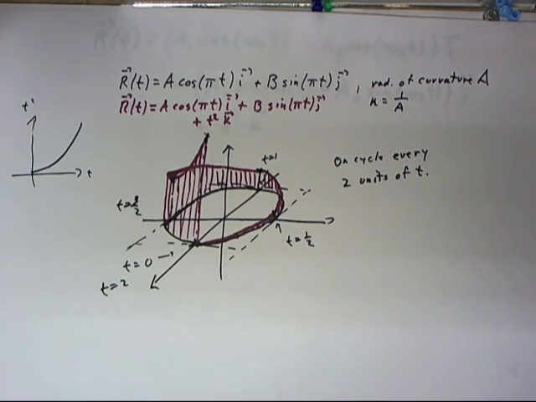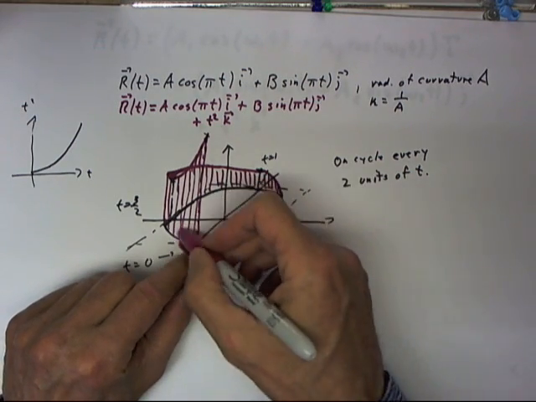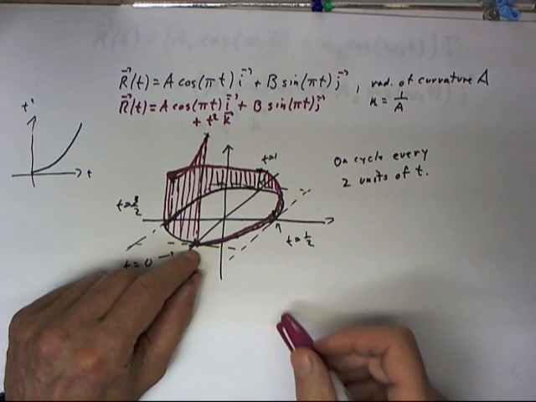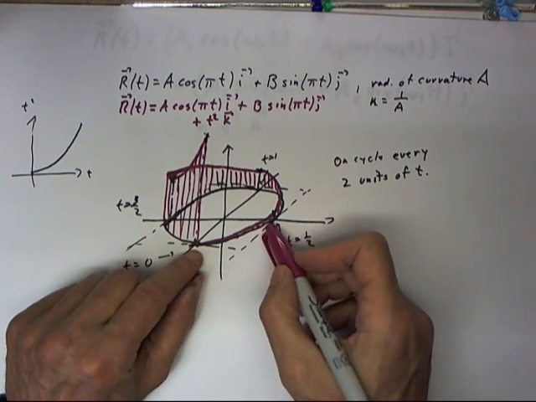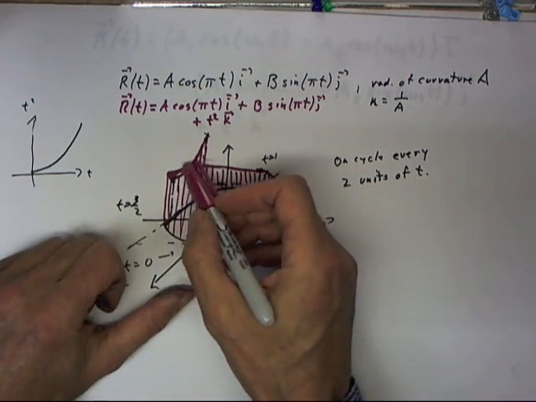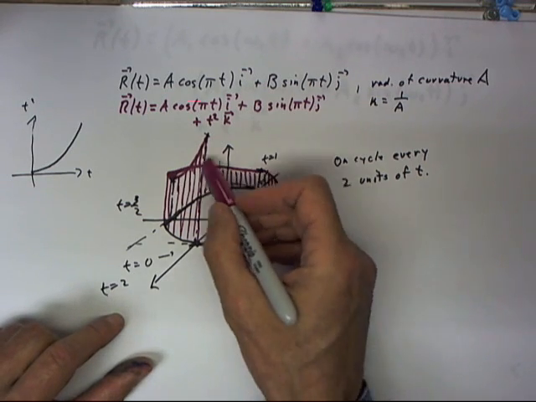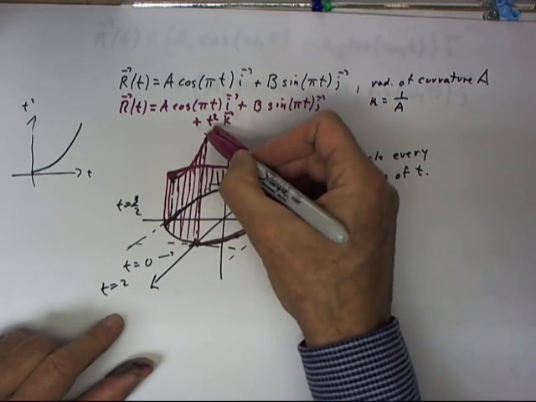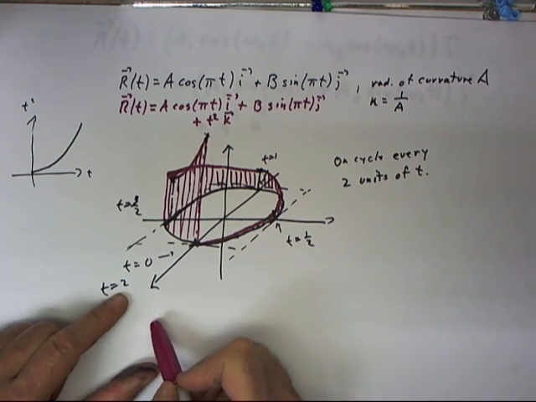Consistent with our analysis, the curve stays close to the circle in the xy plane at first, so the curvature is going to be very close to the curvature of that circle, 1 over a. As we allow t to increase, on our first cycle alone we've come up 4 units. If we go to a second cycle, t is going to go from 2 to 4.